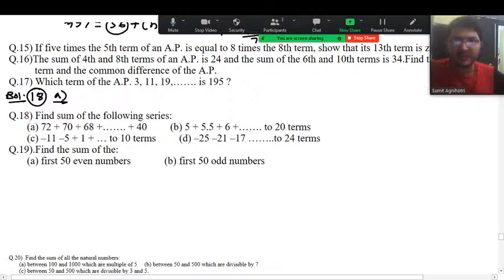Okay, 72, then 70, then 68, and it goes up to 40. It's not written that it is the nth term, so we will take 40 to be an.